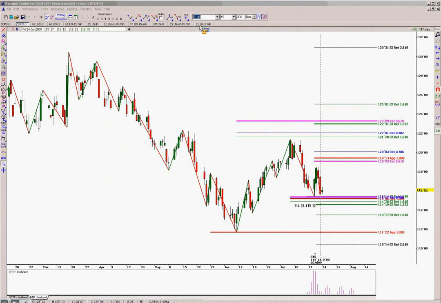Okay, another question is, do you use the same kinds of setups with swing trading? Yes, you just do it on a larger time frame. If you get an entry based off of a setup on a 60-minute or a 45-minute chart, it has the potential to become a swing trade.